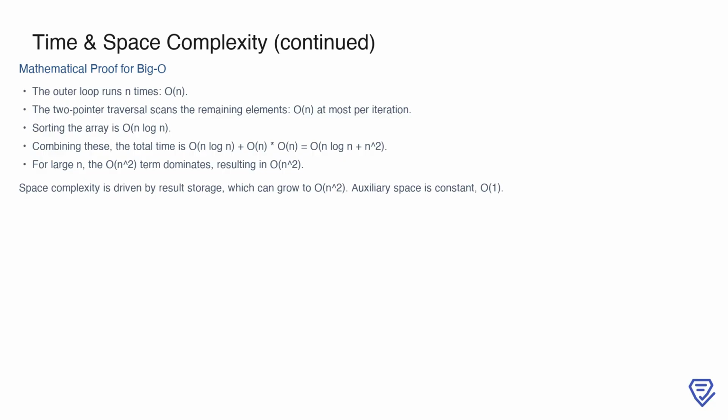Since the n² term dominates for large values of n, the overall time complexity is O(n²). On the space complexity side, the result list can grow to O(n²) in the worst case, while auxiliary variables require a constant amount of space, O(1). Thus, the space complexity is also O(n²). This completes the analysis of the algorithm's efficiency.